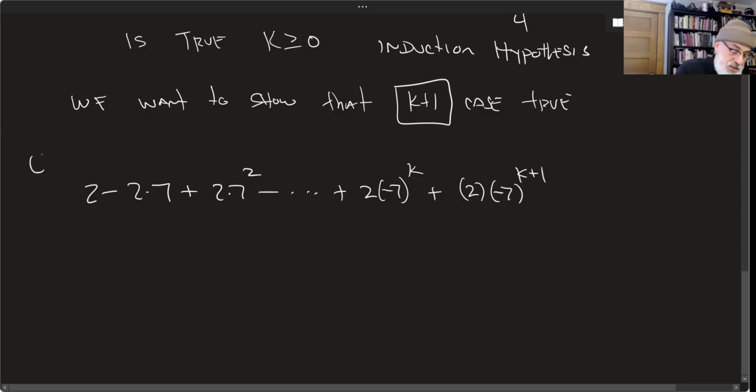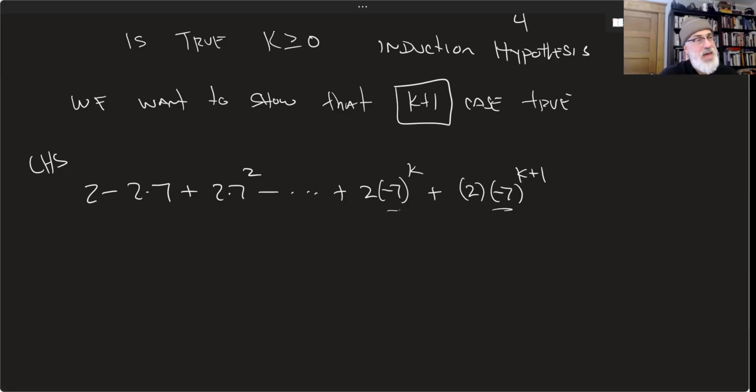So this is the left-hand side. I'm not alternating the sign simply because I have a negative 7 here. So that sign is going to be determined by whether k, or k plus 1, is odd or even. If k is odd, then we have negative 2 times 7 to the k, right?